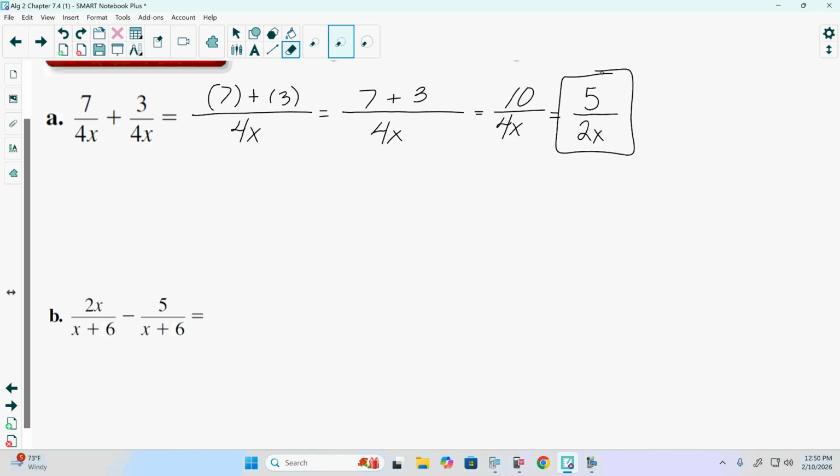And we can do that because there is no addition or subtraction, it's just multiplication. So really what we're doing, we're not specifically saying it, is on top we have 2 times 5 over 2 times 2x. The 2 over 2 reduces, leaving us with 5 over 2x. Any questions on the first one?